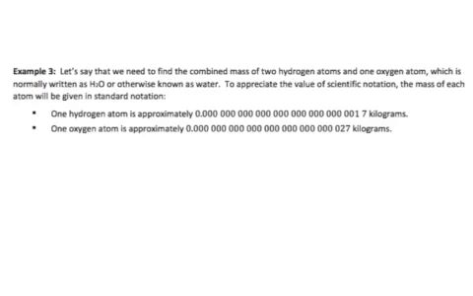So here's another problem, and we want to know the combined mass of 2 hydrogen atoms and 1 oxygen atom, which is basically your water, H2O. So first thing, as always, we need to rewrite our values into scientific notation. So remember, like Mr. Kate said, draw a line after your first digit that's non-zero. We start at 0 and we count.